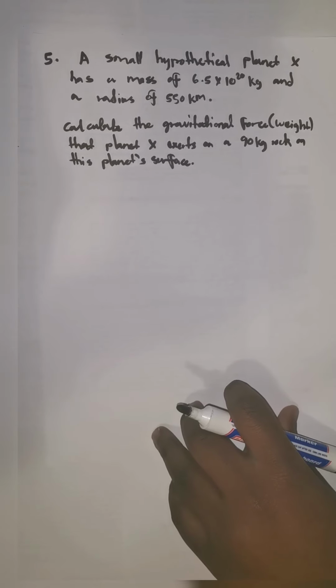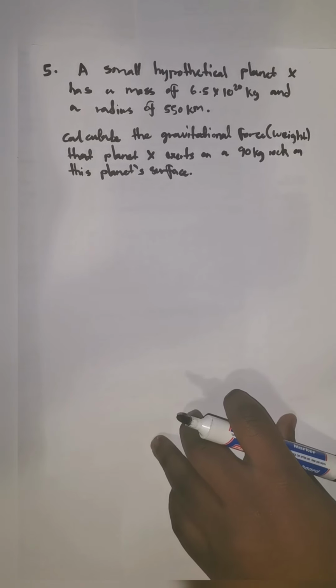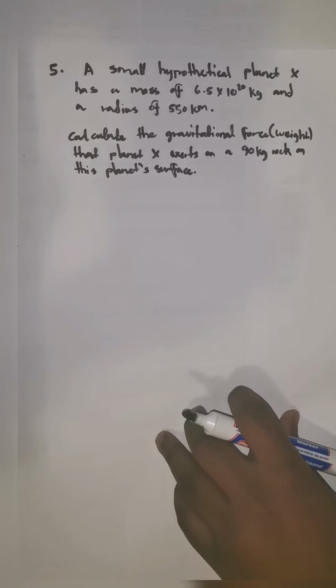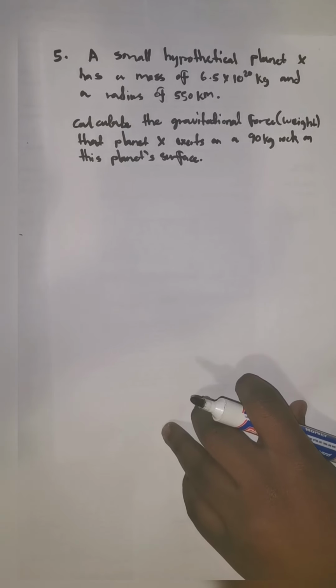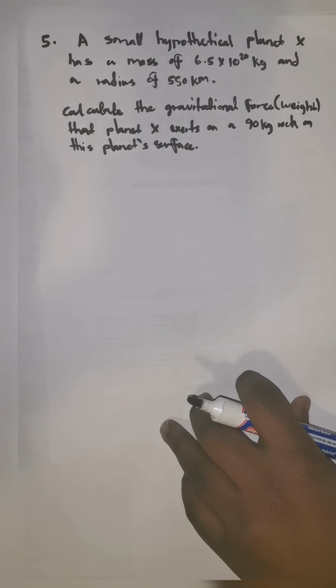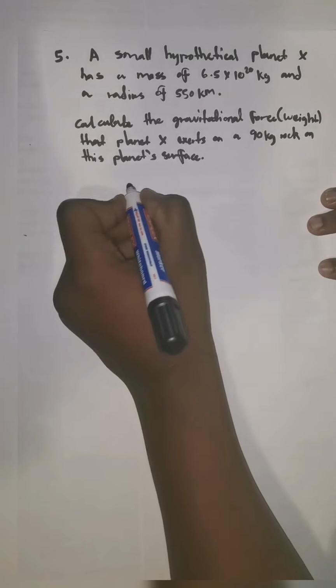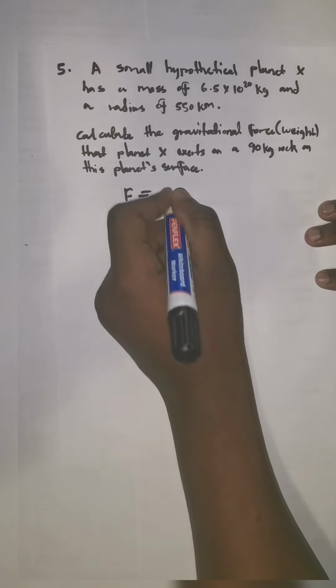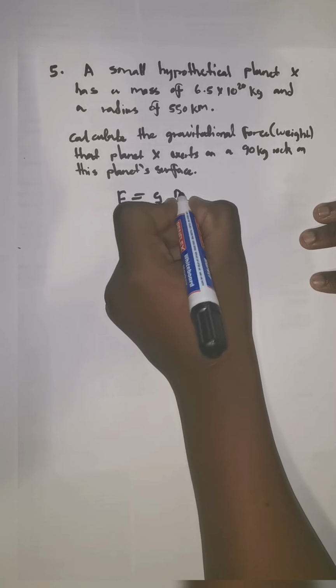We're asked to calculate the gravitational force that planet X exerts on a 90 kg rock on this planet's surface, right? So firstly, you need to know the equation of the gravitational force, and it is like this.